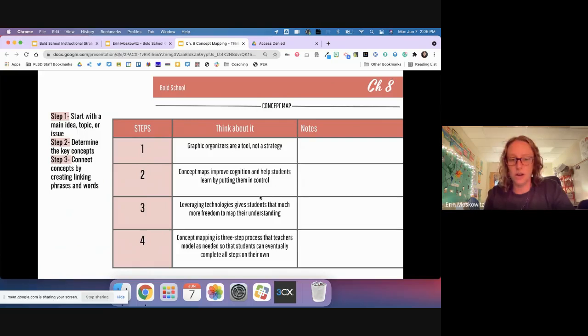Concept maps are a strategy because they improve cognition and help students learn by putting them in control and making their own graphic organizers. Leveraging technologies gives students that much more freedom to map their understanding in a way that makes sense to them. And we know that concept mapping is this 3-step process that teachers have to model so that students can eventually complete all 3 of those steps on their own to create their own concept maps.